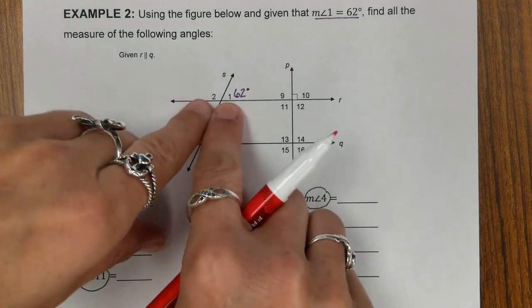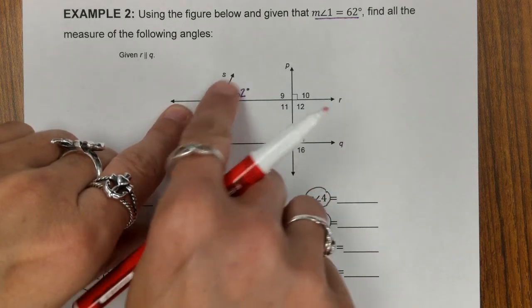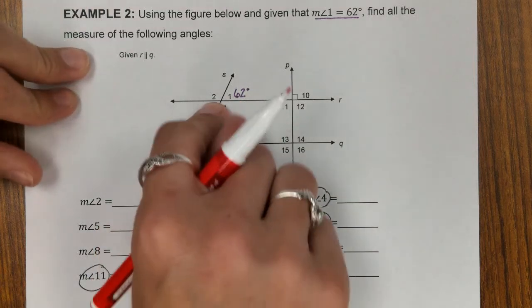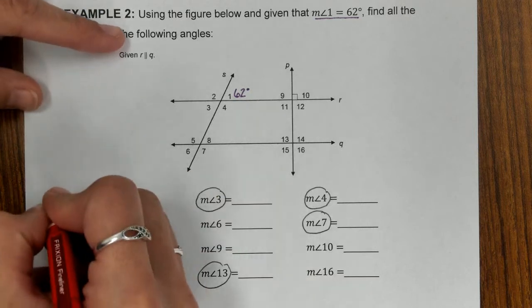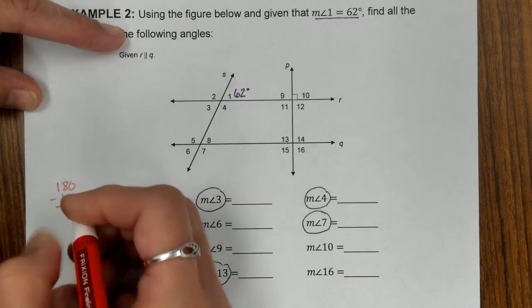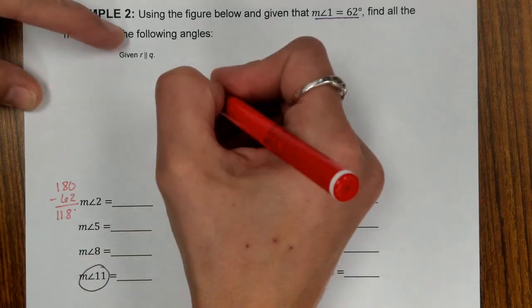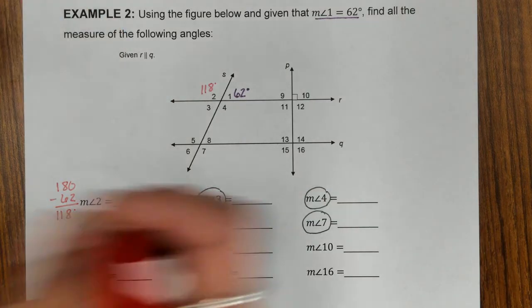They are right next to each other on a line. Adjacent on a line. So this is a linear pair. We know that a linear pair adds to equal 180. So all we need to do is take that 180, subtract the 62 degrees, and we wind up with 118. So we want to label it in our picture and on the line.